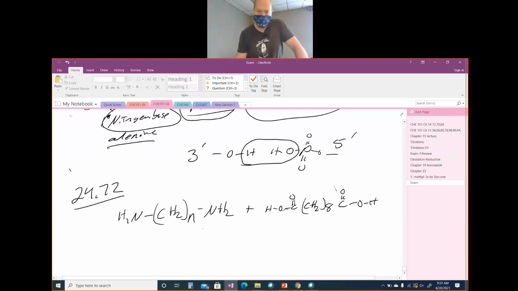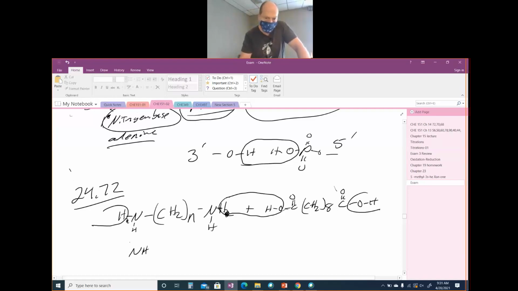All right, and so you're going to get the lasso of water. So when you lasso water, if we show the two H's, we lasso the H of the N and the OH. Again, if we show the two H's, we lasso the H, we lasso the OH, and so our polymer is NH, CH2, some number of carbons, NH, C double bond O. Again, this is a polyamide.